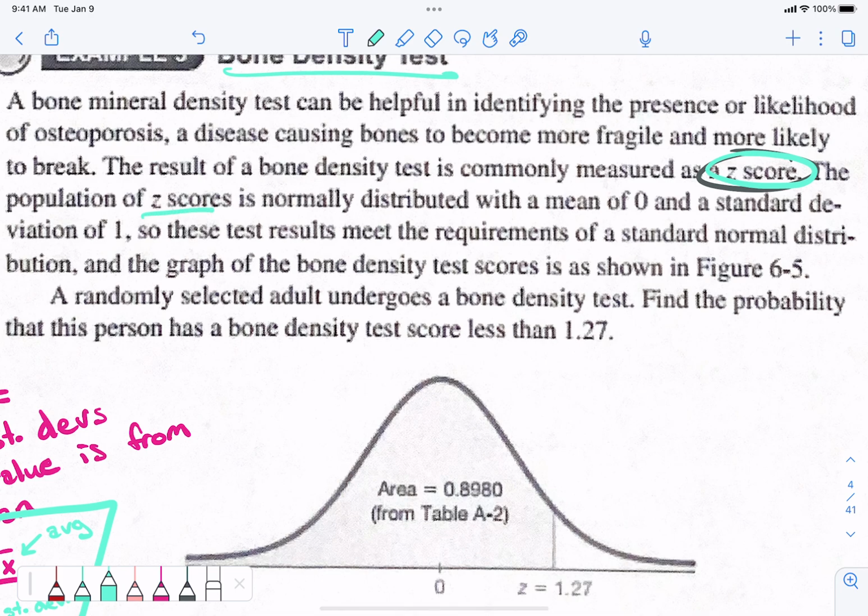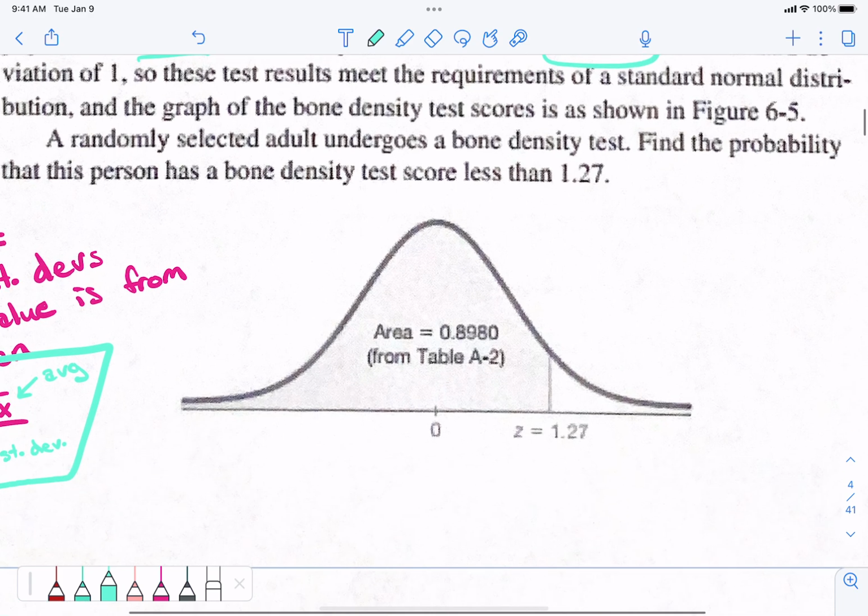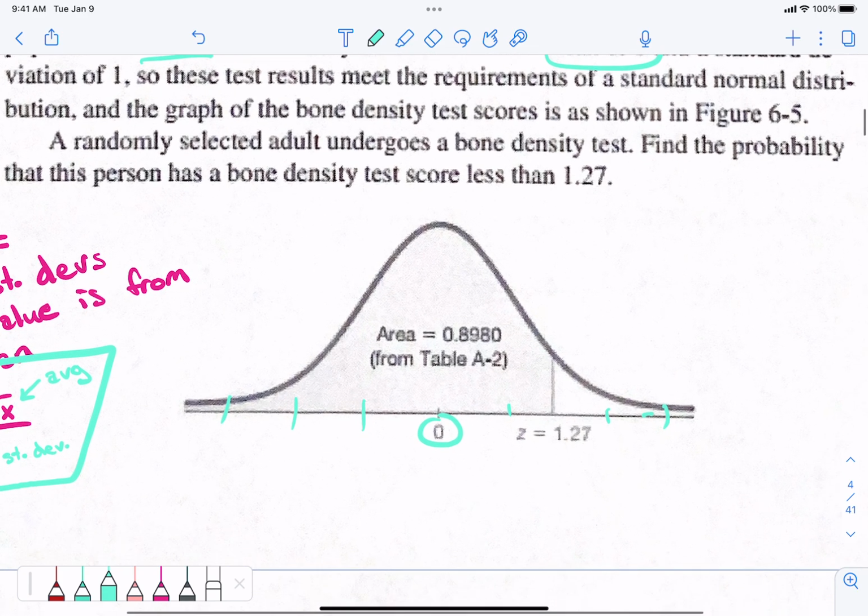So z-scores have a mean of 0. When we convert it to a z-score, it starts with 0, and then we have 1, 2, 3 on this side, and negative 1, negative 2, negative 3 on this side. That's what a z-score does. I'm going to skip down to this last paragraph.